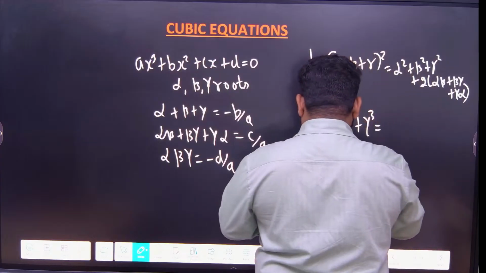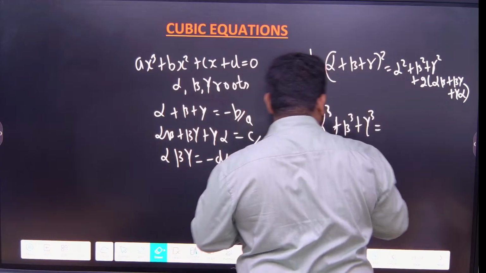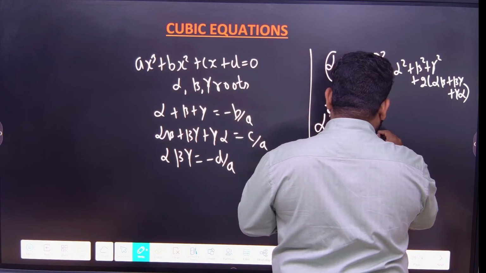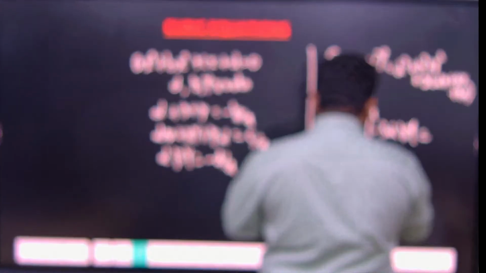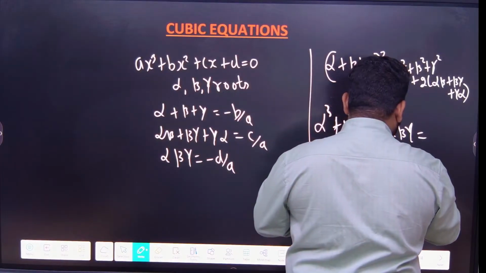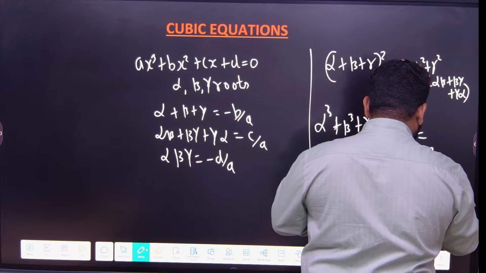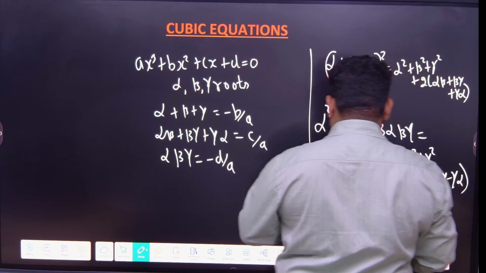Now alpha cube plus beta cube plus gamma cube minus 3 alpha beta gamma is equal to alpha plus beta plus gamma into alpha square plus beta square plus gamma square minus alpha beta, beta gamma, gamma alpha. This is the formula you have to remember.